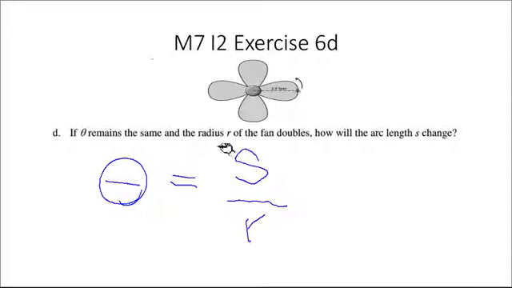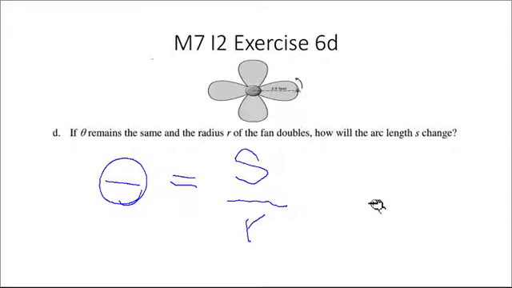They're asking us, if the radius of the fan doubles, how will the arc length S change? Since theta is in radians, and this only applies for theta in radians, hope you all see that, if the radius doubles, then the arc length is going to have to double.